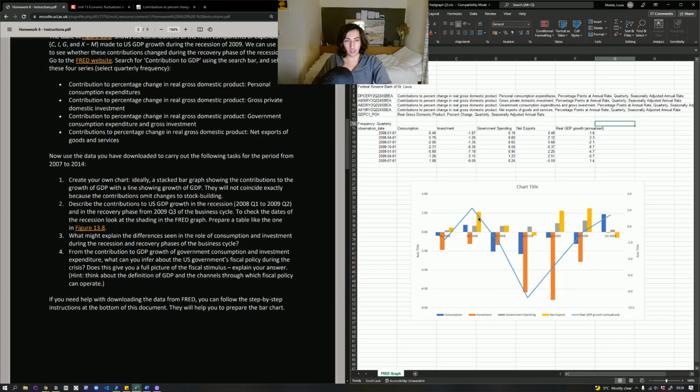We can see net exports remaining relatively stable. So we're exporting more at the start and obviously taking a hit to exports later, as perhaps consumers are importing cheaper goods from other countries just to get through the crisis. And you can see slowly here how government expenditure increases during the recovery period.